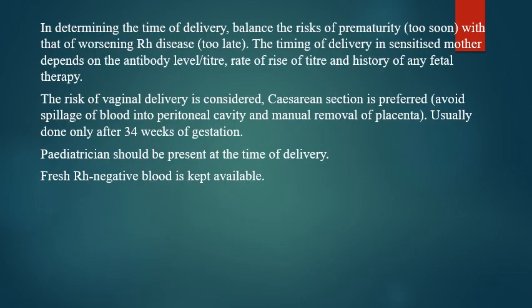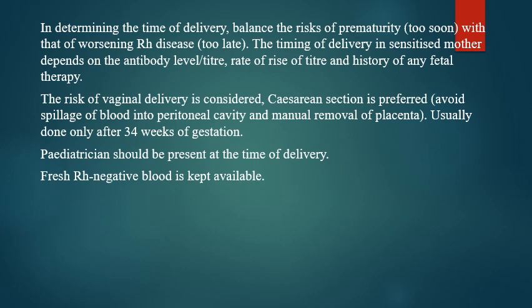In determining the time of delivery, we need to balance the risk of prematurity with that of worsening Rh disease. The timing of delivery in sensitized mother depends on the antibody level or titer, then the rate of rise of titer, and history of any fetal therapy.